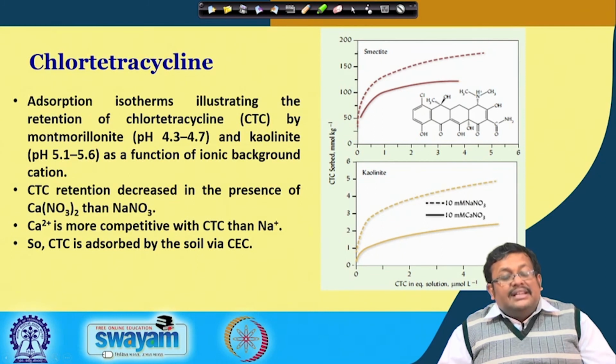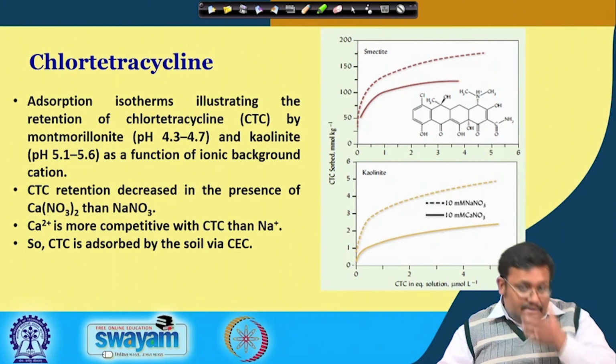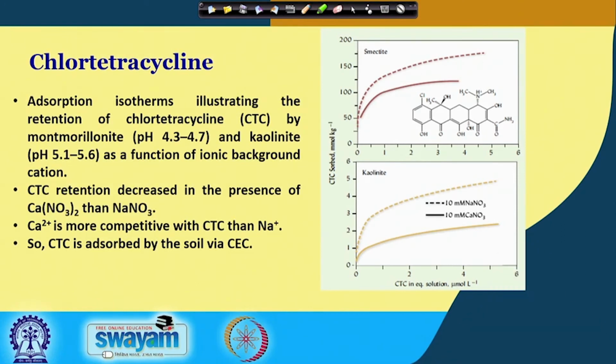Let us see one example of an antibiotic, that is chlorotetracycline. It is the first antibiotic which has been developed. Adsorption isotherms illustrate the retention of chlorotetracycline, or CTC, by Montmorillonite and kaolinite as a function of ionic background cation.